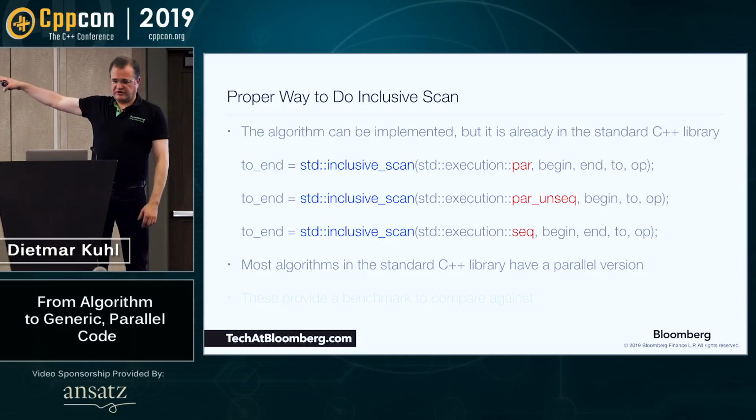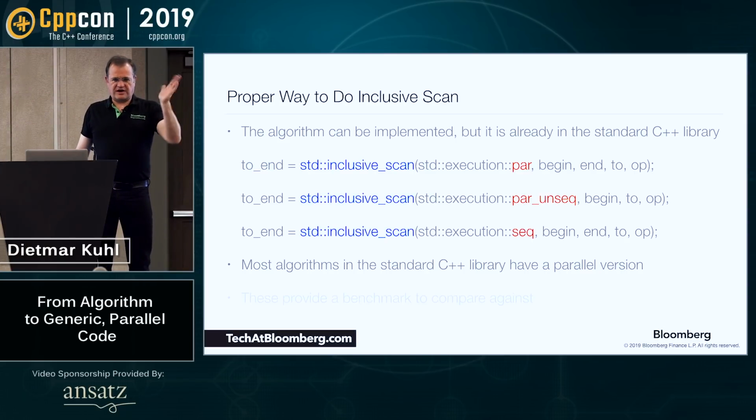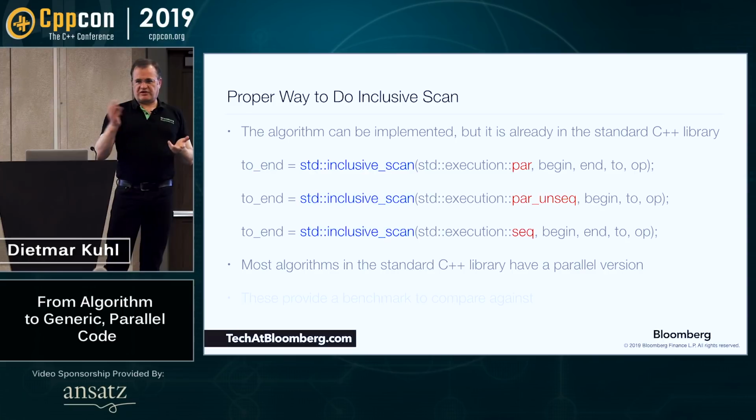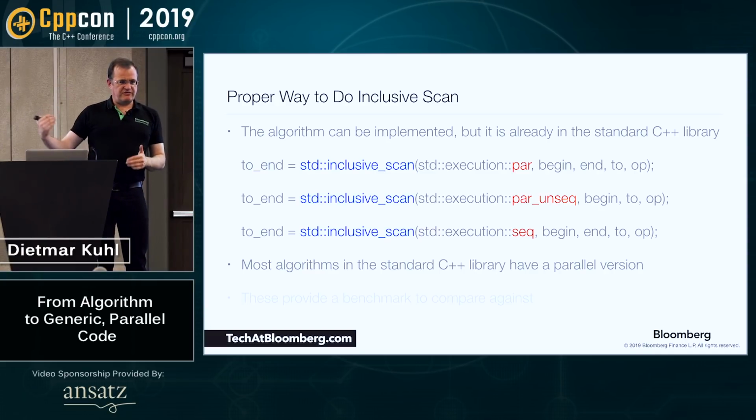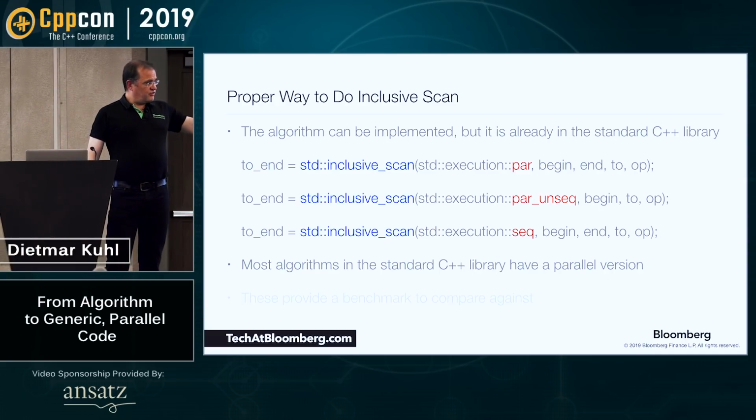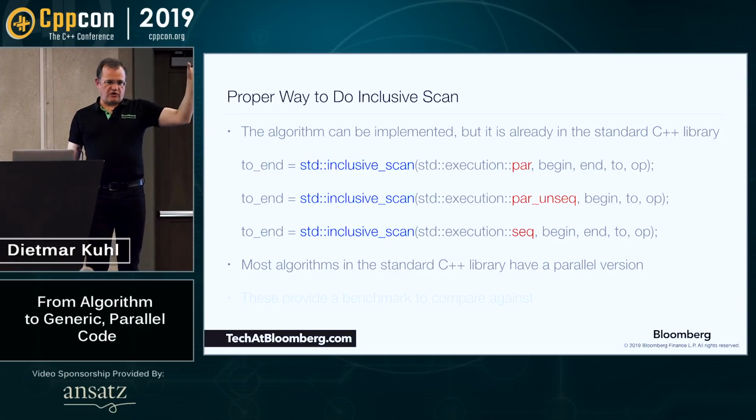In practice, we want to use inclusive scan with either PAR, which is the execution policy to say execute things concurrently on different threads, and you promise that your element access functions on whatever you iterate with function objects can be executed without deadlocking. Or we want to use PAR unseq. This is the version where not only are the things thread safe, but you can execute multiple of these things on the same thread.